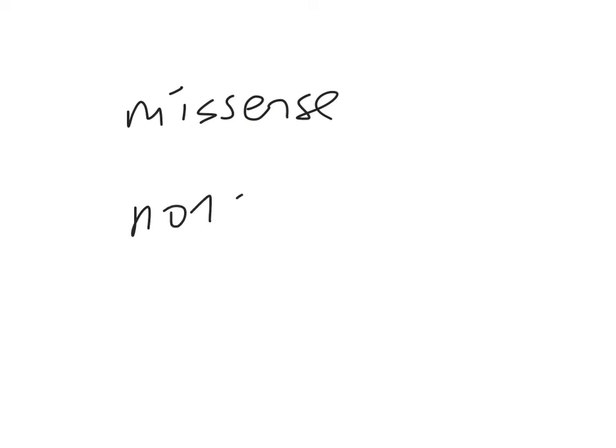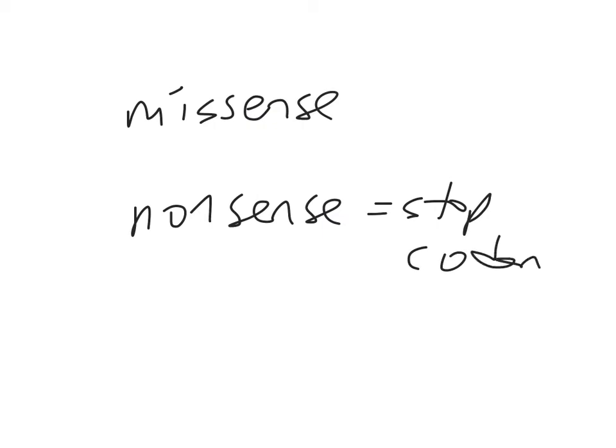What does a nonsense mutation do? It inserts a stop codon. So a missense mutation will turn one amino acid into another amino acid, changes the amino acid, but a nonsense mutation will introduce a stop codon.